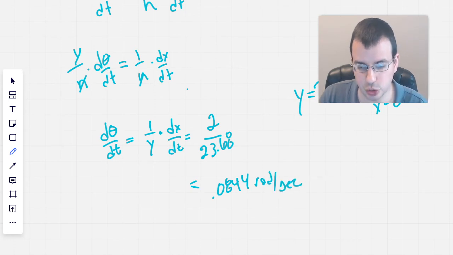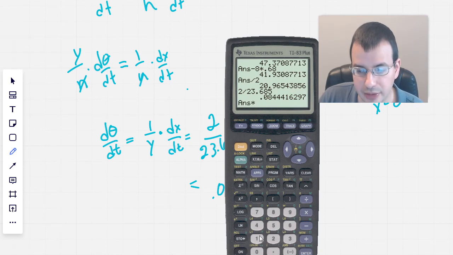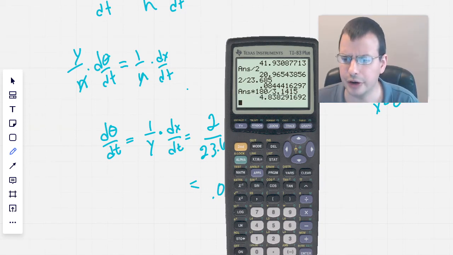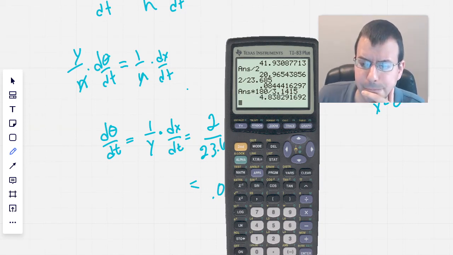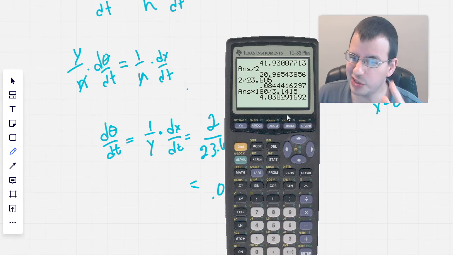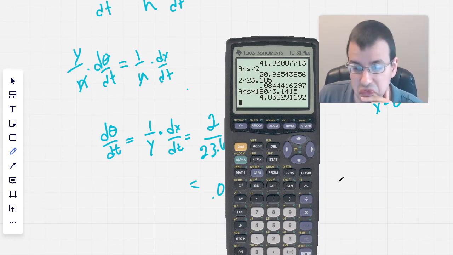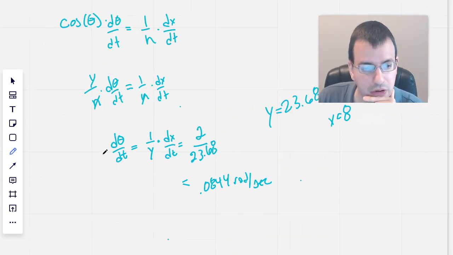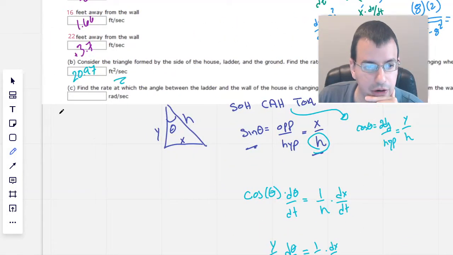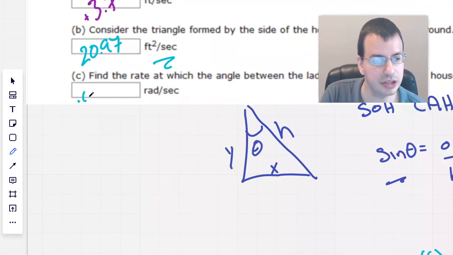If we convert that to degrees real quick, times 180 divided by 3.1415. I just don't have an intuitive feel for radians, so about 5 degrees per second. Maybe, seems plausible. So 0.0844 radians per second.